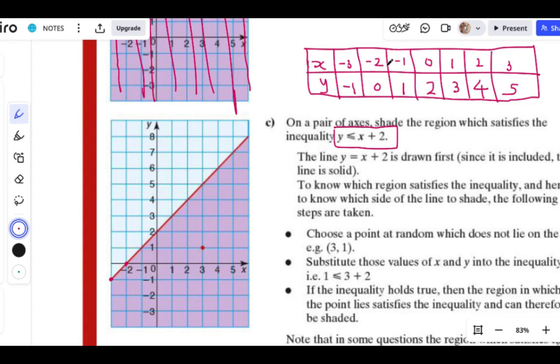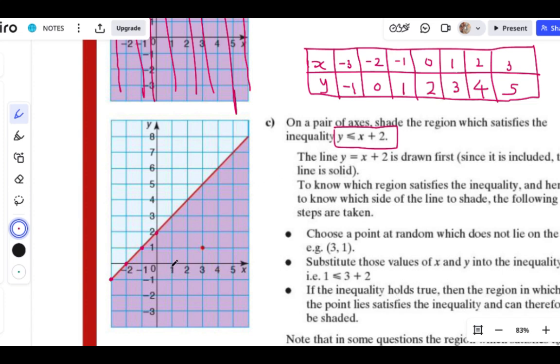Now x is -1, y is 1. Here is -1 for x, and y is 1 is here. You mark the point. Then the next one, x is 0, y is 2. Then the next one, x is 1, y is 3.